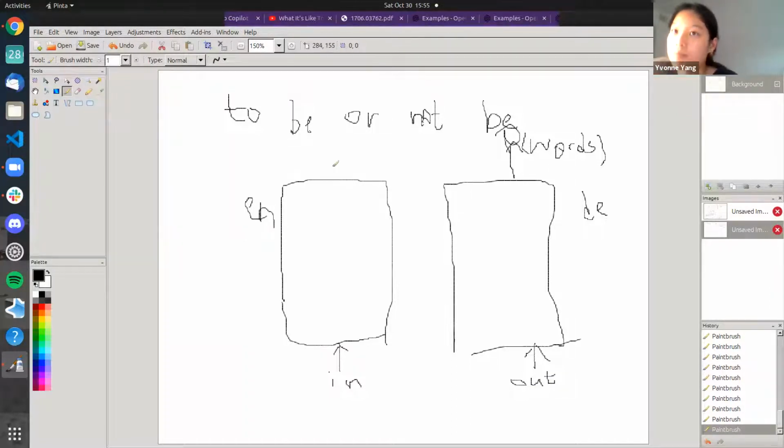And then, since we want to make use of the attention mechanism, basically what we do is, after we have the input, we want to do a self-attention on it so that we can see which words in the input relate to which other words in the input.